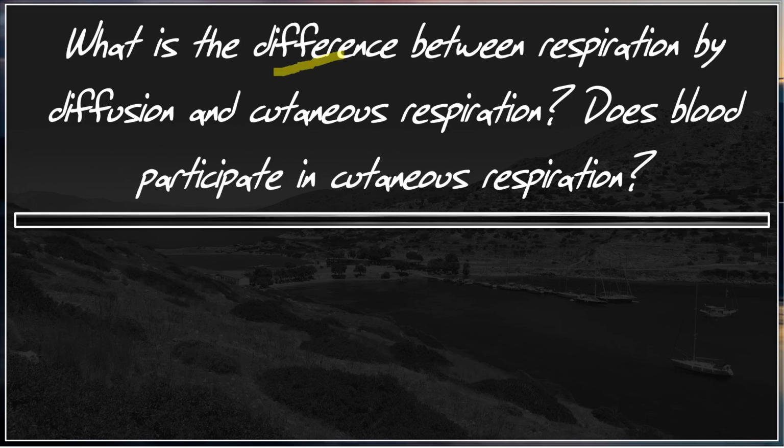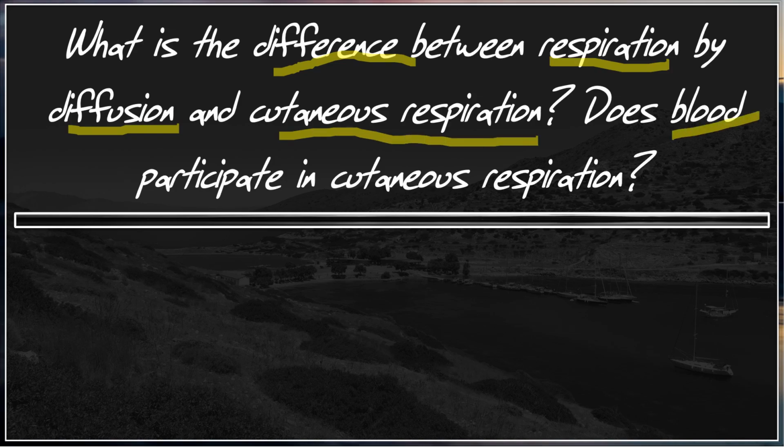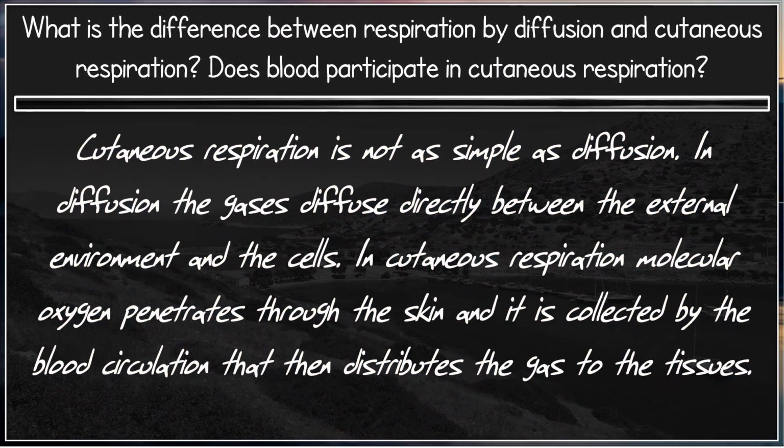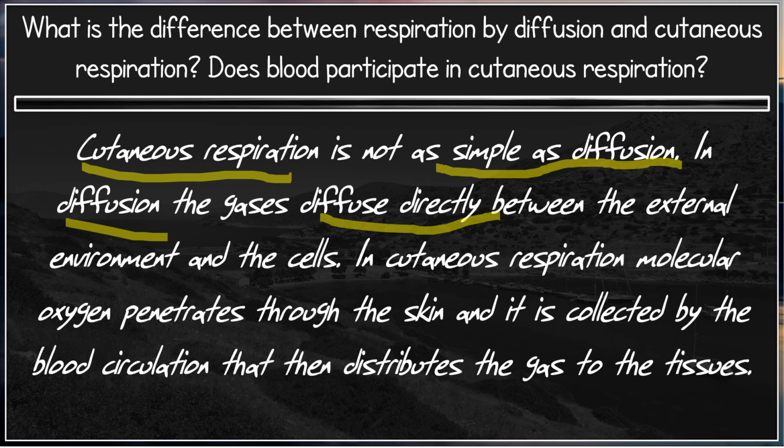What is the difference between respiration by diffusion and cutaneous respiration? Does blood participate in cutaneous respiration? Cutaneous respiration is not as simple as diffusion. In diffusion, gases diffuse directly between the external environment and the cells.